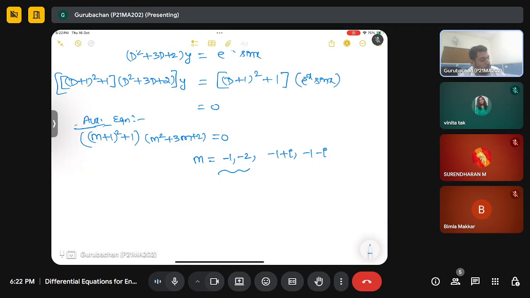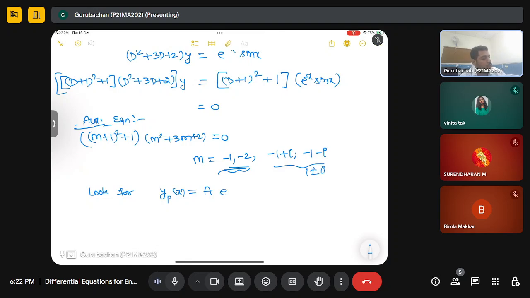In the homogeneous part these functions are already included. So we will look for yp of x with some arbitrary constants, e to the power minus 1 plus iota, so that means we are left with minus 1 plus minus iota.